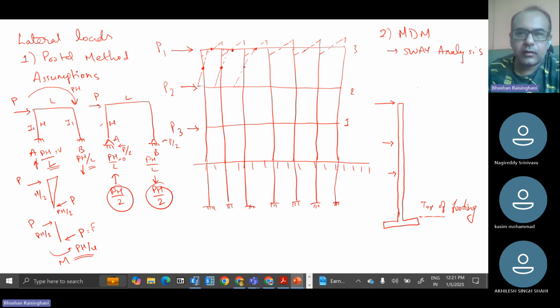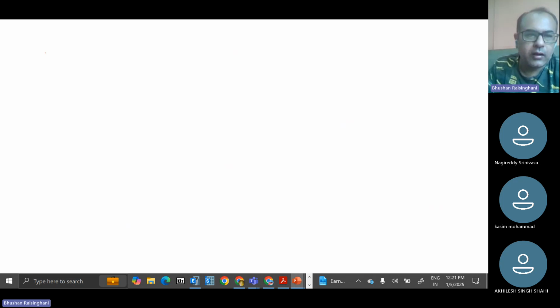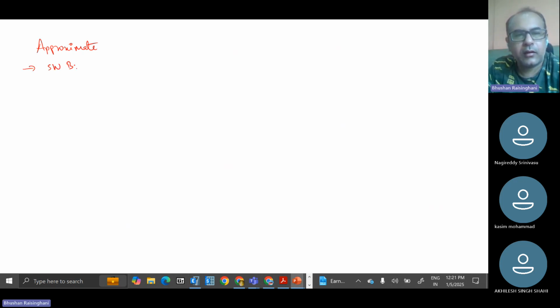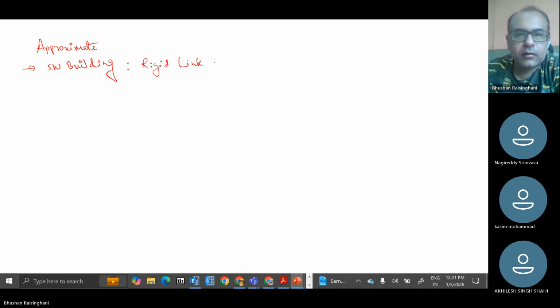What are the methods that are approximate? Again, there are other approximate methods in which shear wall buildings are considered. So how to solve for shear wall buildings? We consider it to be a rigid element, a rigid link, for coupling beams.